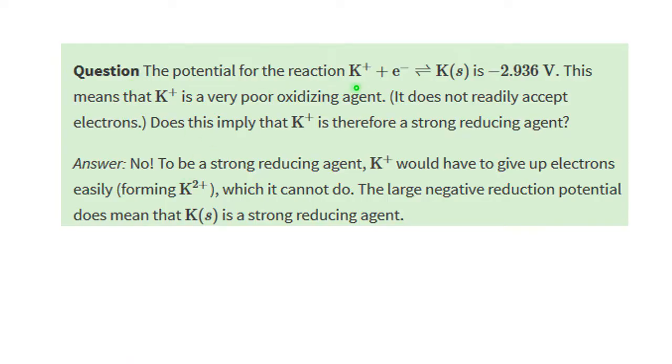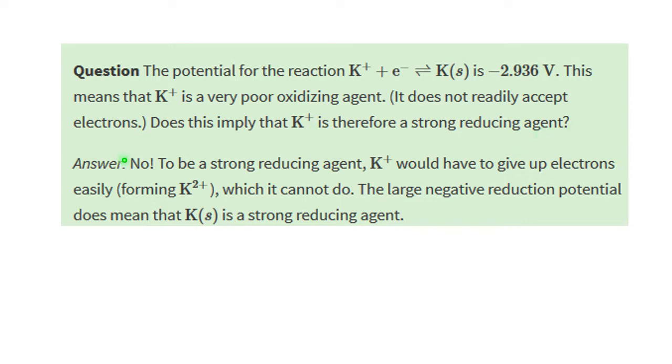Question. The potential for the reaction K plus and 1 electron making K solid is a very small number, minus 2.94 volts. This means K plus is a very poor oxidizing agent, it doesn't readily accept electrons. Does it imply that K plus is a strong reducing agent?